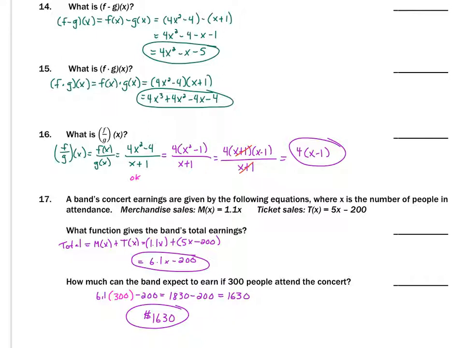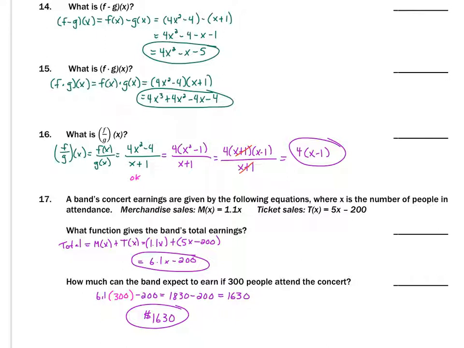If we add those together, 1.1x plus 5x minus 200, well, 1.1x and 5x are like terms. 5 plus 1.1 is 6.1x minus 200.